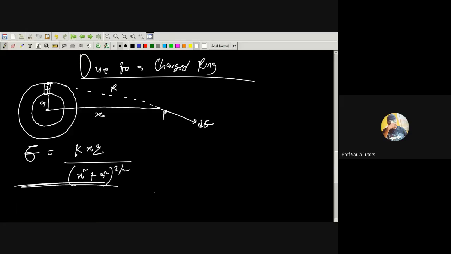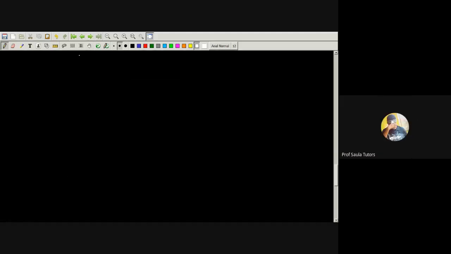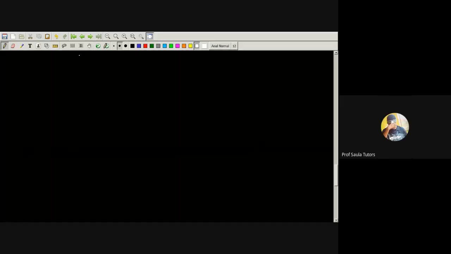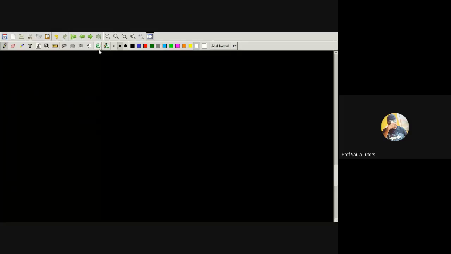So this is due to a charged ring. This is the formula you use. So we'll be solving questions later. So let us go to the next aspect. Any question? No, sir. So you might not have seen all this. That's why I'm not dwelling on it, because your school did not really consider it. So let us look at electric flux.